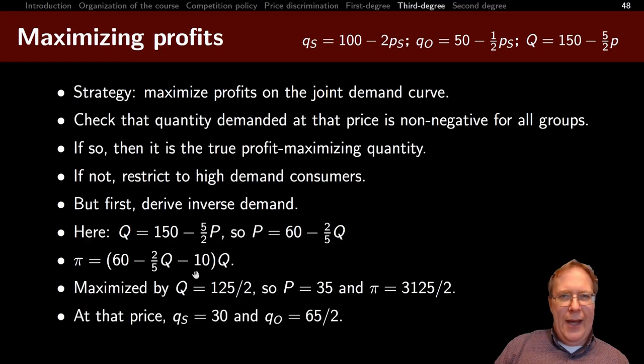So at that price, if I plug it back into my two individual demand functions, then demand from senior citizens is 30 and demand from other citizens is 65 over 2. So both are positive, so this is really my profit maximizing price. In other words, in mathematical terms, this is feasible.